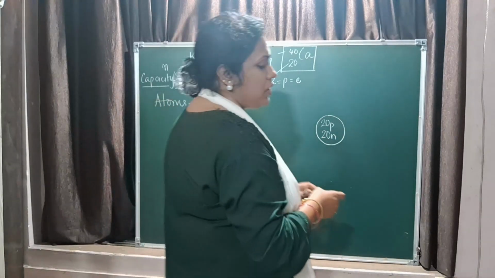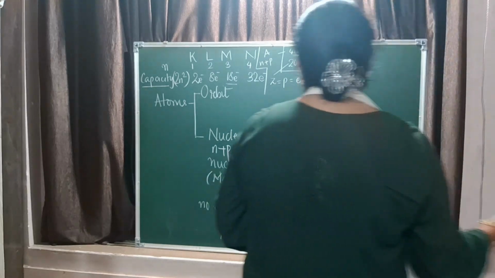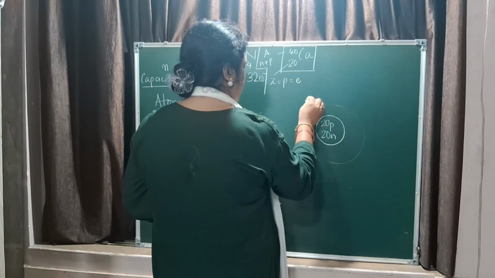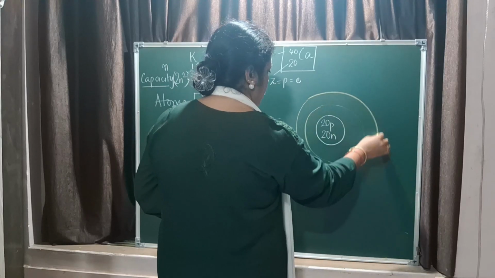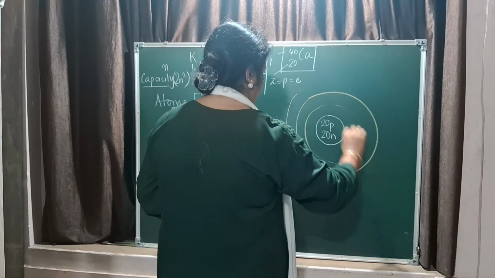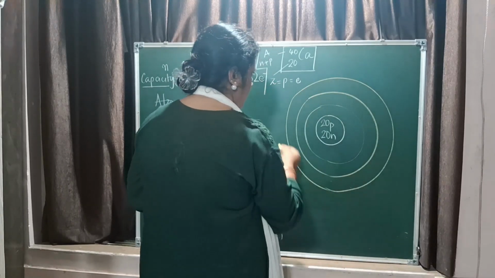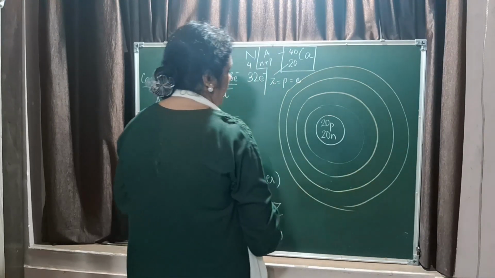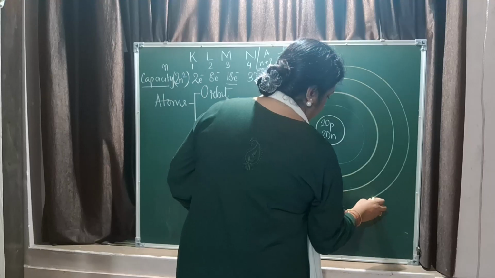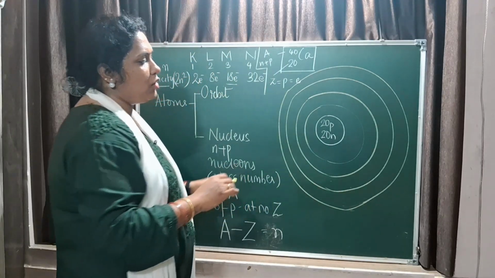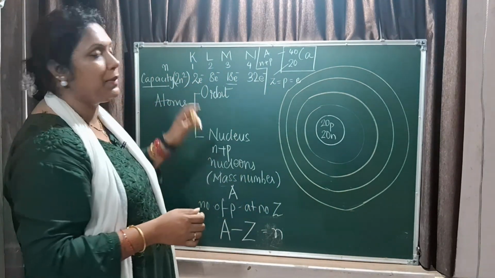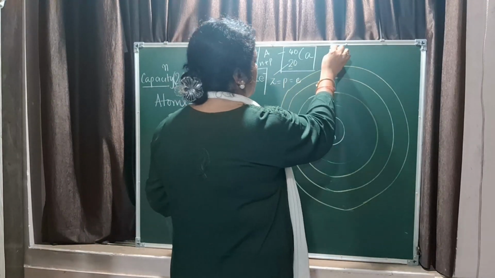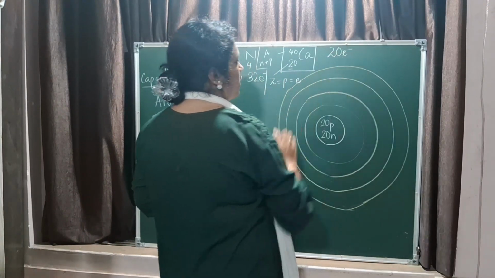Now for the shells, you have the K shell, L shell, M shell, and N shell. You have to divide the electrons among the shells depending upon their capacities. Calcium has atomic number 20, so it has 20 electrons.